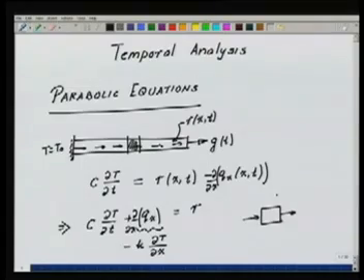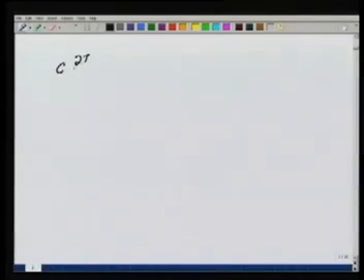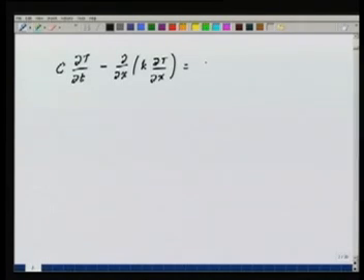So this equation we are now going to work with. I have C del T del t minus del x of k del T del x is equal to R of x and t.